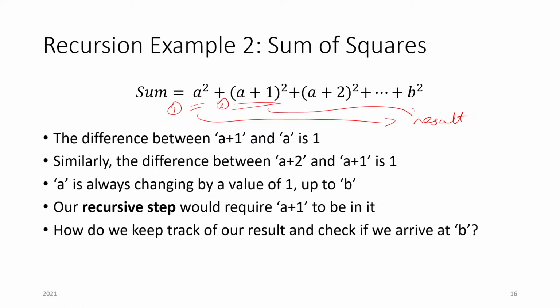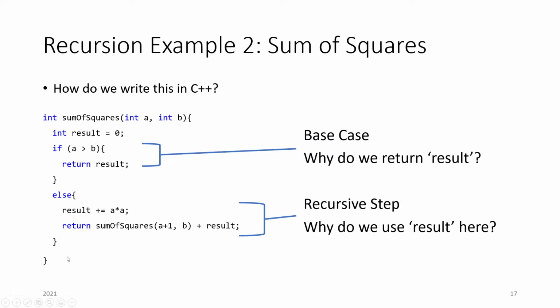And this also needs to be stored in result, but we can't overwrite this because we have to factor in this addition. So we need to make sure that we add the two together. Then when we go here, this is going to be step 3. We need to make sure we add that as well into result. So that's why we have plus equal here, to keep on summing the results and storing it in our variable here, named result.